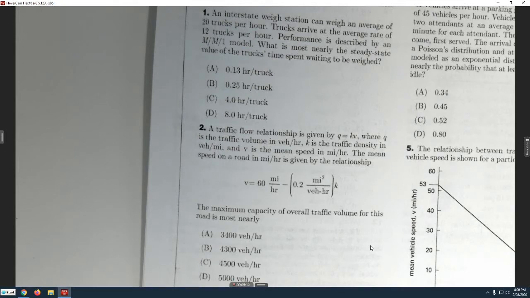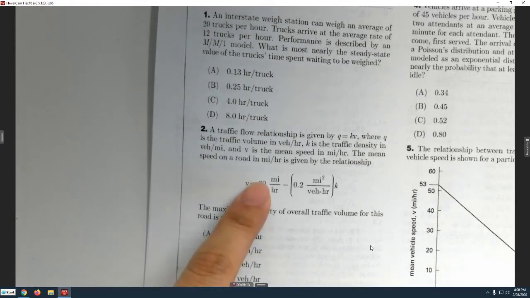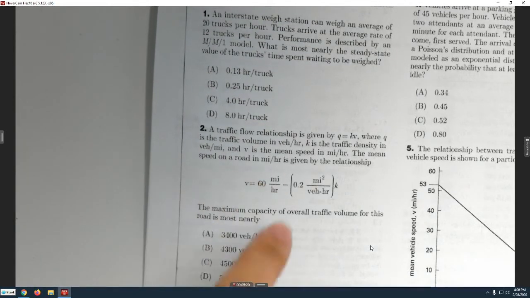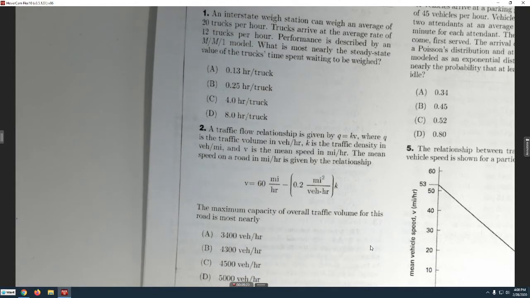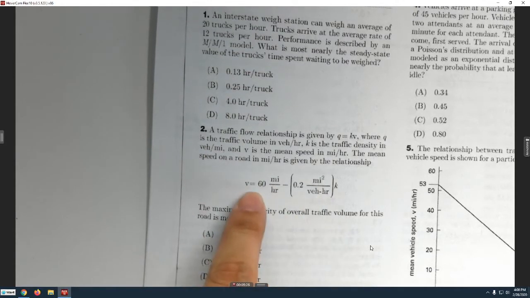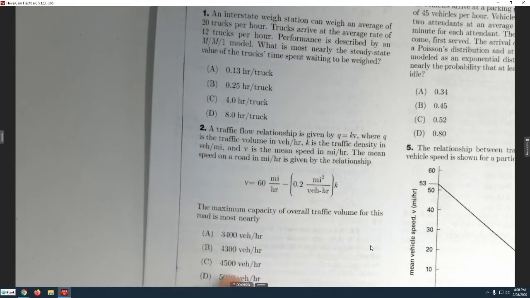So instead of going through the entire complex process as the solution suggests, all you need to do is multiply 60 by 300 and divide by 4. Jam density 300 times free flow speed 60 divided by 4. You're going to get 4,500. So this is the one. Again, all the equations for this part are on page 177, traffic flow relationship.